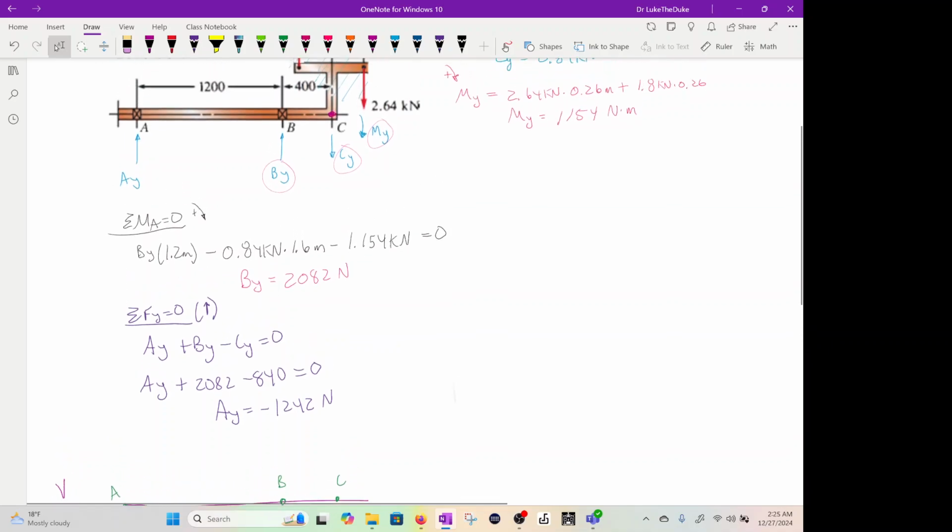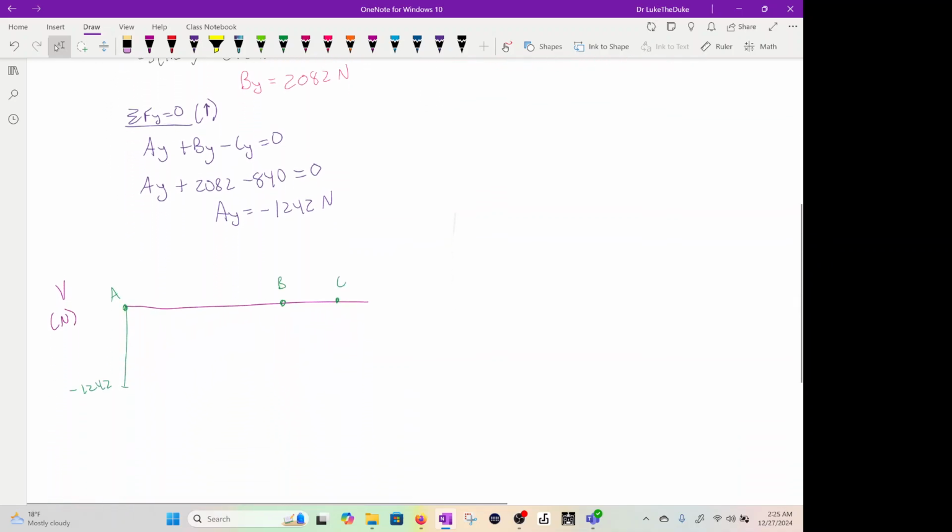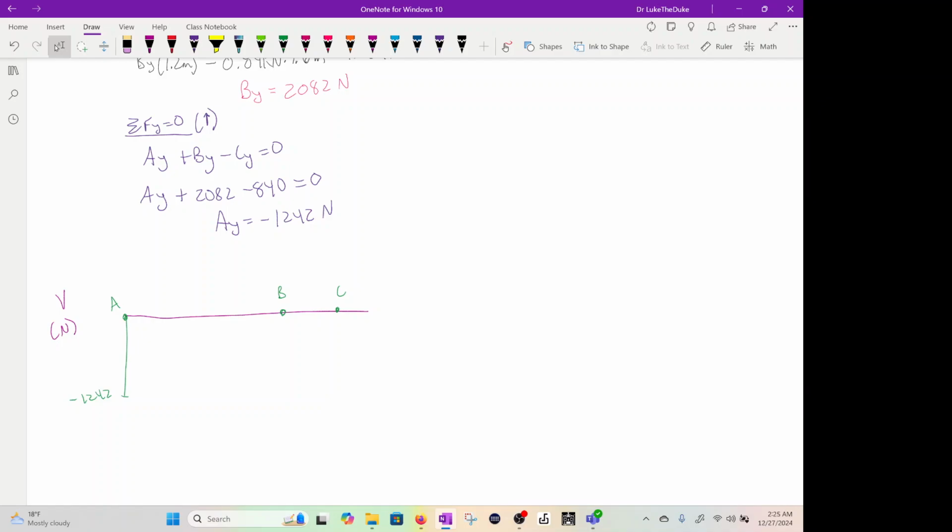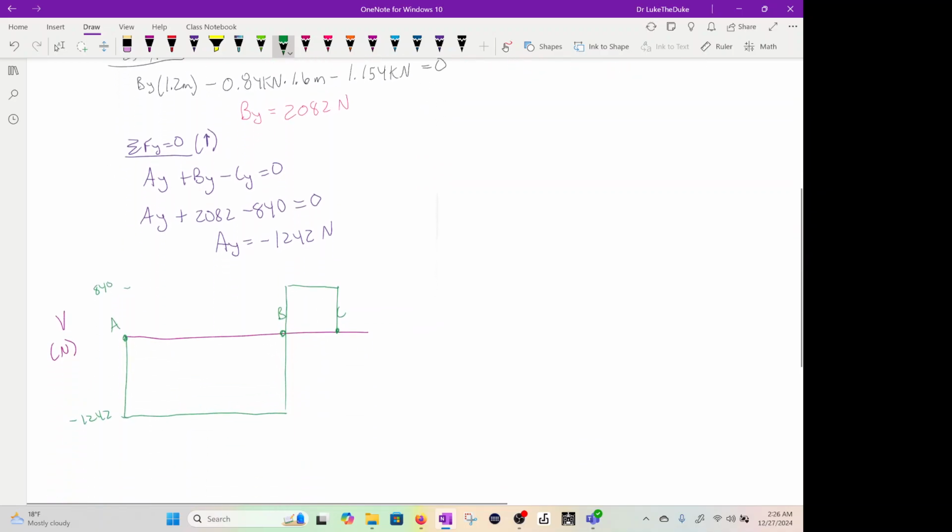So it's going to go over to B, and then it's going to go up 2,082, and it's going to hit right here, which is 840, right? Because that's what CY is, because it's going to go over and then back down, because CY was downward.